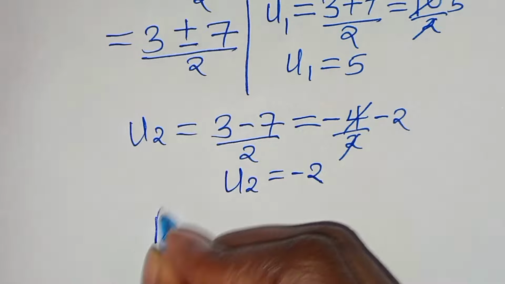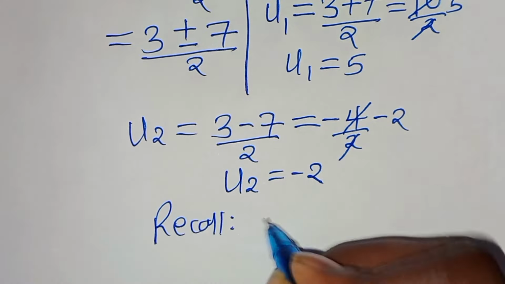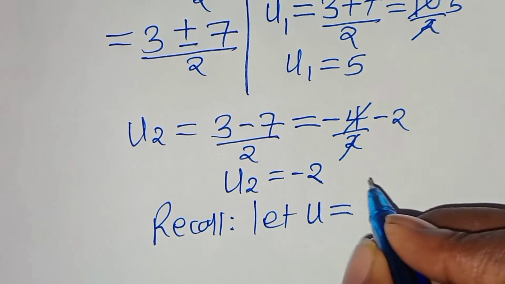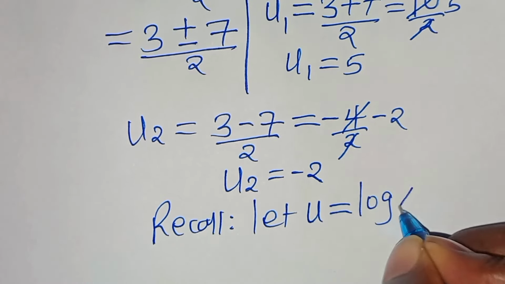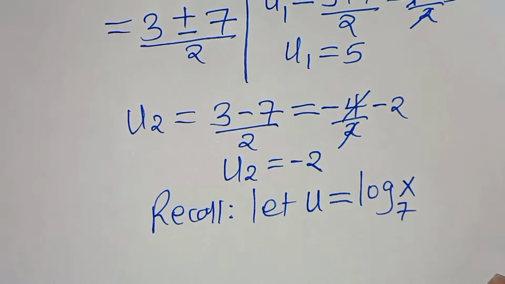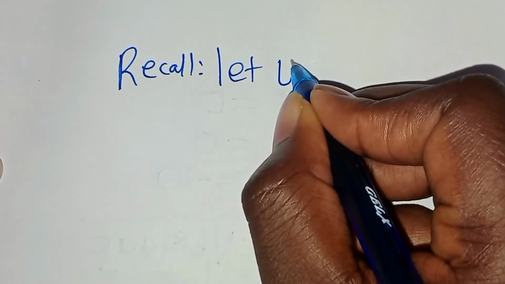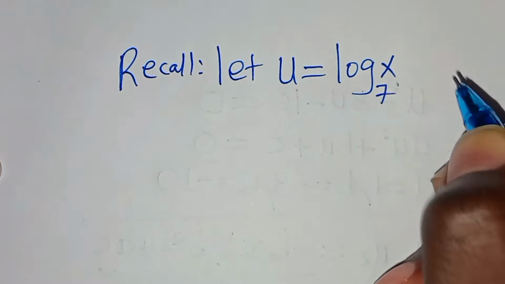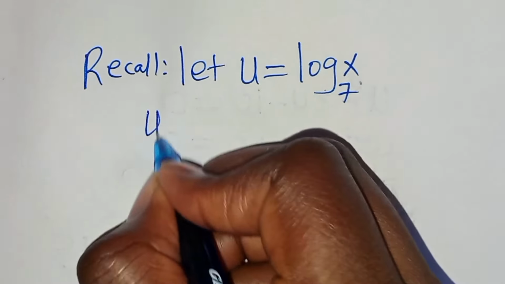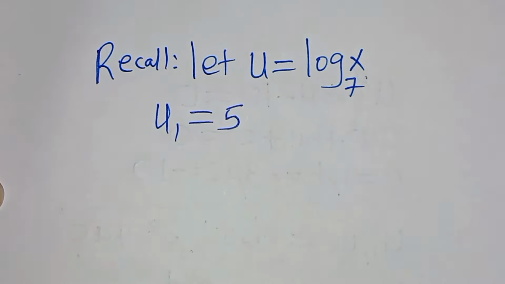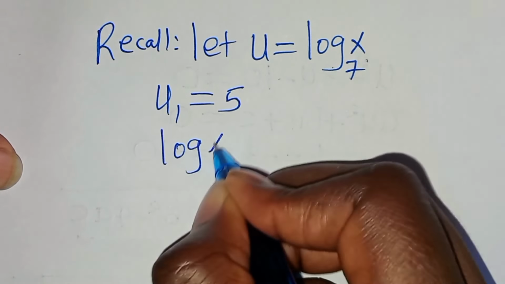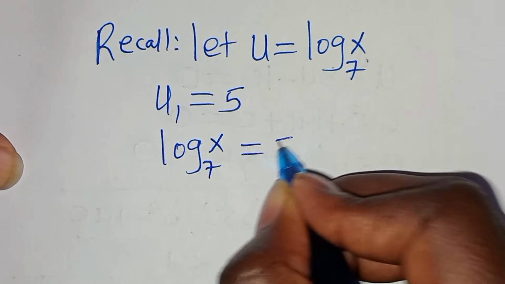Now, if you recall, we had said that let u be equal to log x to base 7. Now let's start with u1, which is equal to 5. So let's substitute this. So we have log x to base 7 equal to 5.